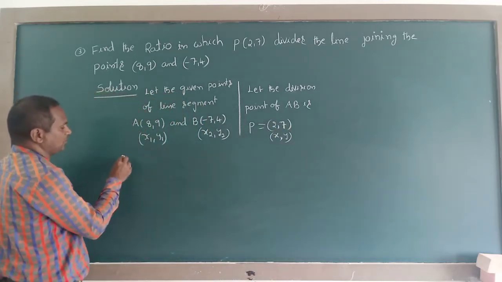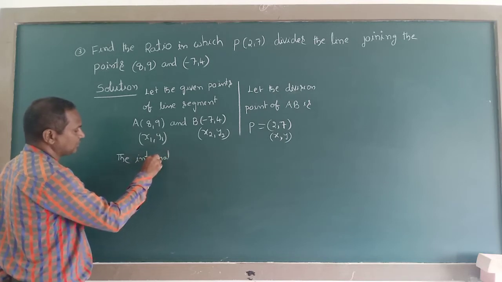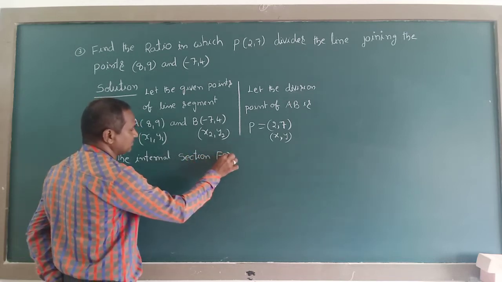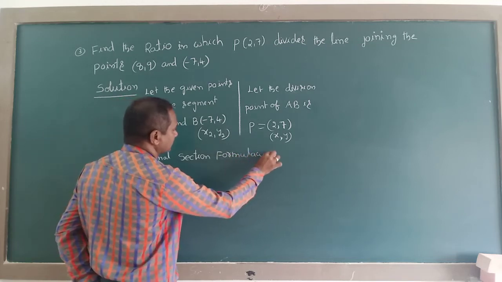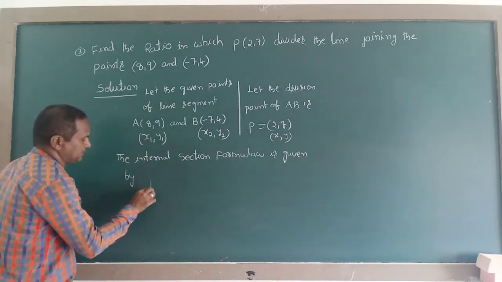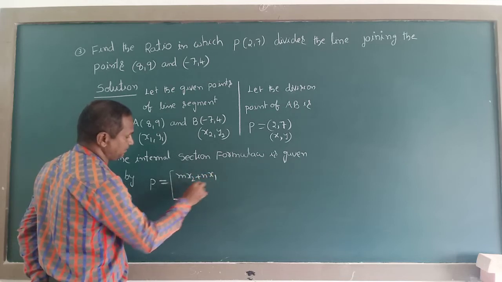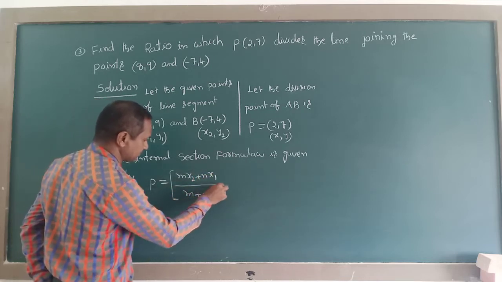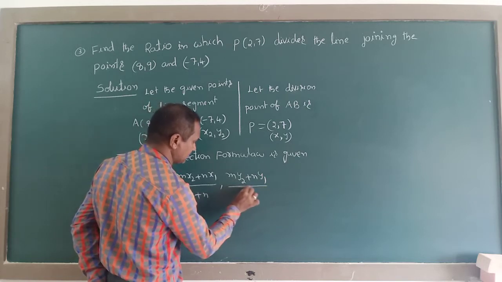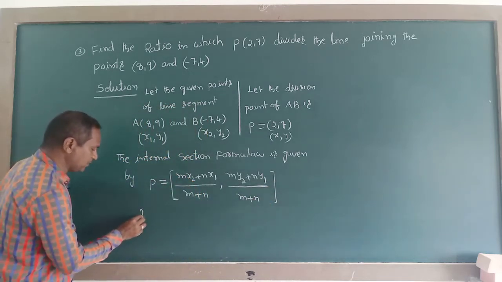Next, the internal section formula is given by P = ((m x2 + n x1)/(m + n), (m y2 + n y1)/(m + n)). The coordinates of P are (2, 7).